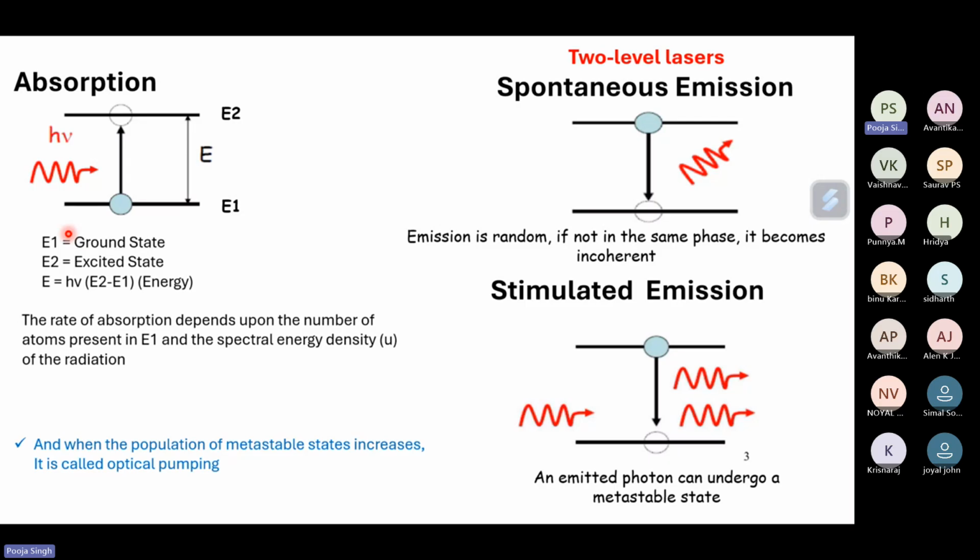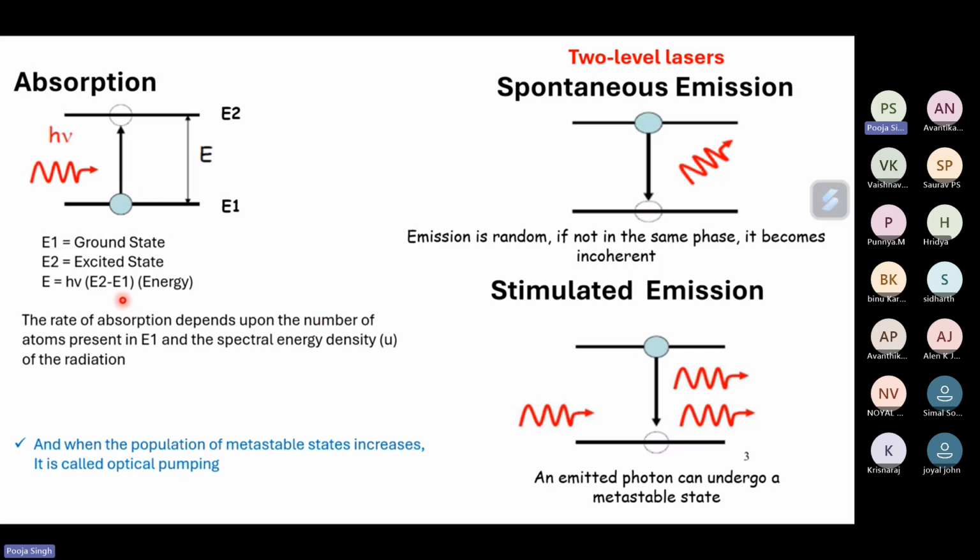If your power density is lower than the electron energy in the ground state, then excitation to the E2 state will not occur. So the excitation depends on the rate of absorption, the number of atoms present in E1, as well as the spectral power density of the radiation.